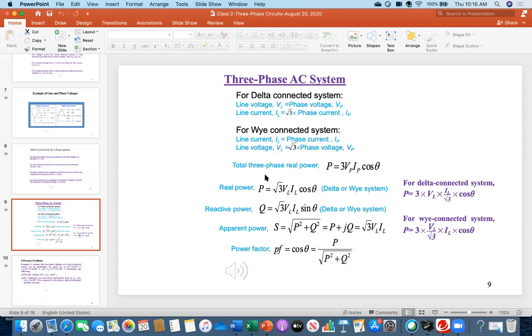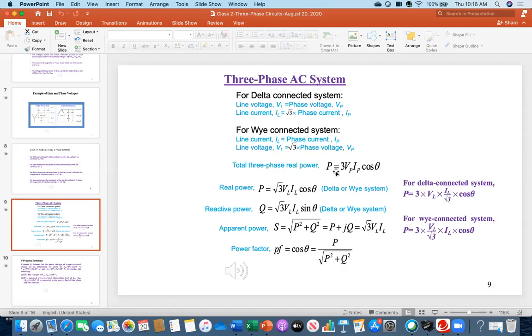Now, the total three-phase real power. You all know the concept of real power, reactive power, and apparent power that we have discussed and that you have learned in the AC circuit analysis course.